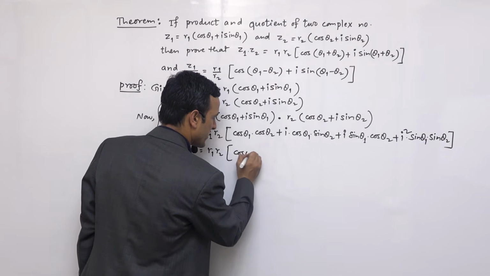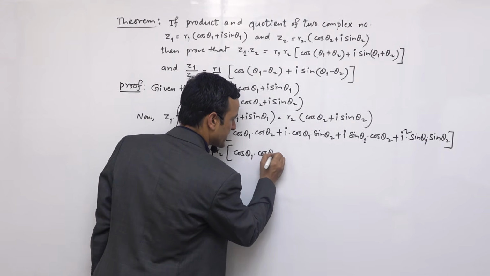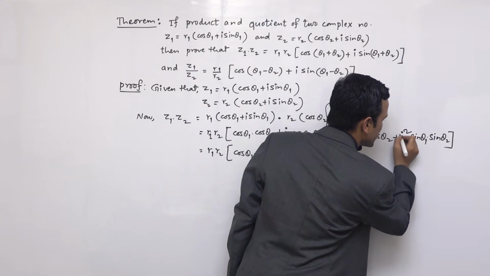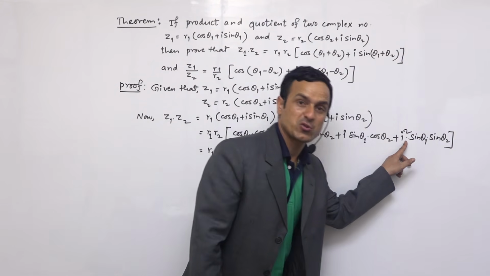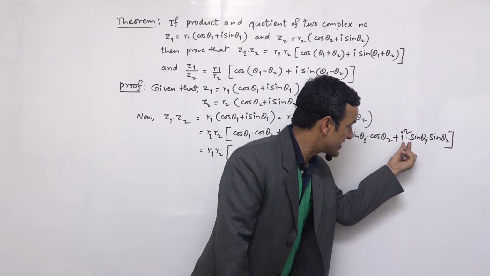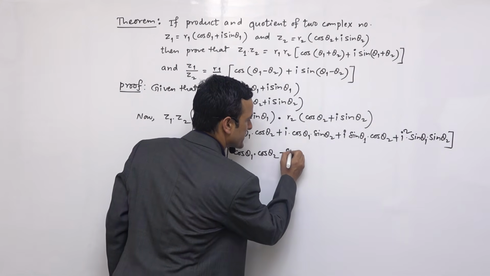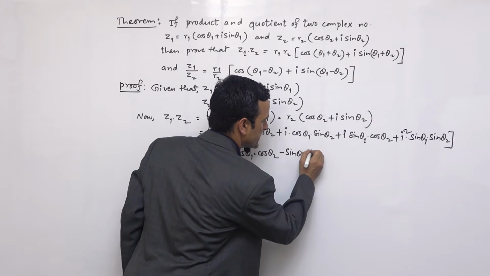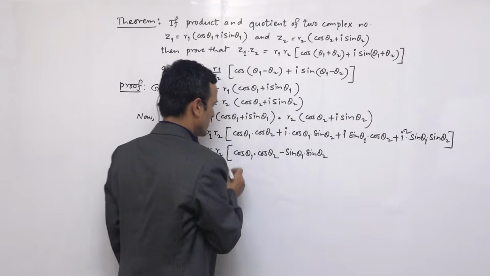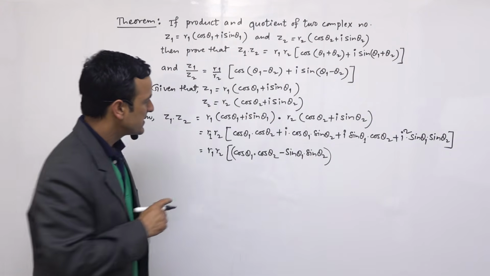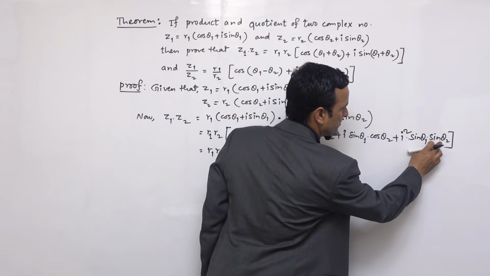So here is cos theta 1 cos theta 2, and i square means it is minus 1. So i square is here. So let's write minus 1. So it will be minus sin theta 1 sin theta 2. So let's put together inside the bracket from this term and this term.